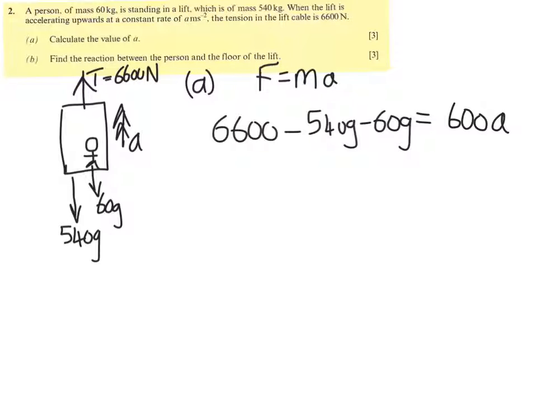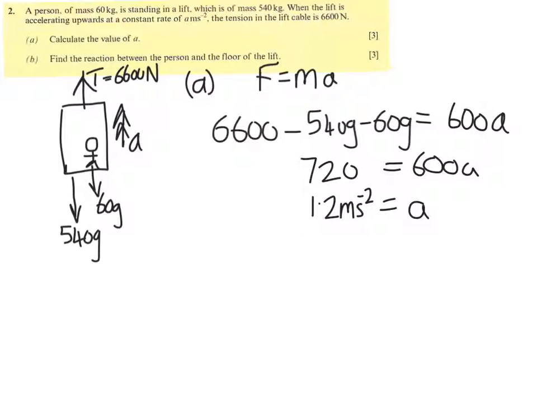So we've got the difficult bit done. When you do some of the maths, you get 720 equals 600A, so A equals 1.2 meters per second squared. Don't forget the units. Underline it, make it nice and easy for the examiner to find.